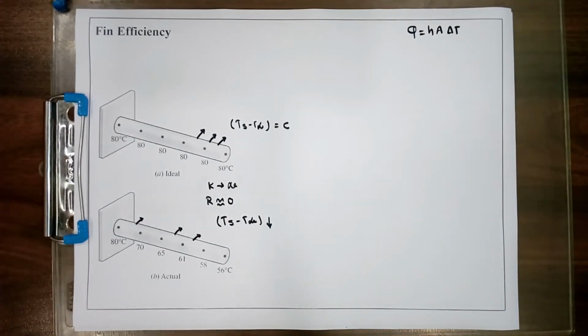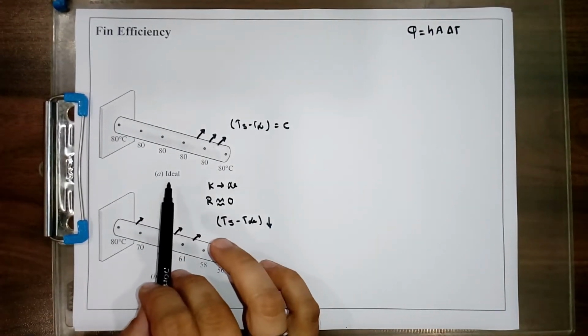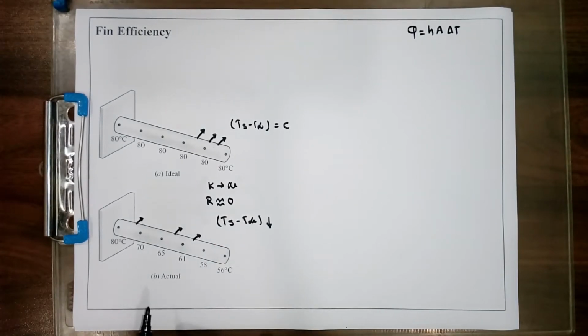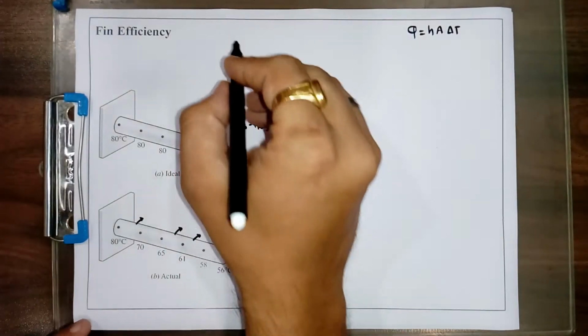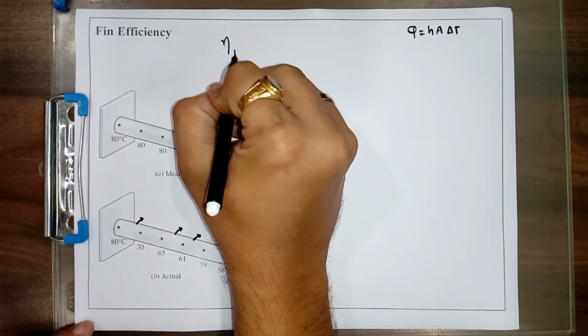So using these two concepts, one is called the ideal and the second the actual. It means we are assuming an infinite thermal conductivity and the thermal resistance becomes zero. On the basis of that, we can define the efficiency of fin.